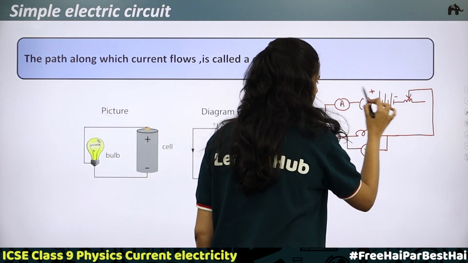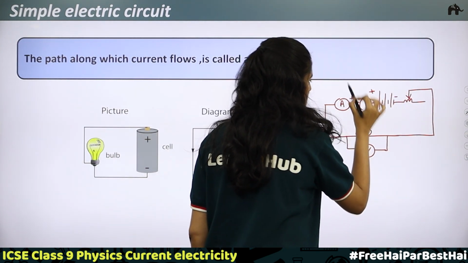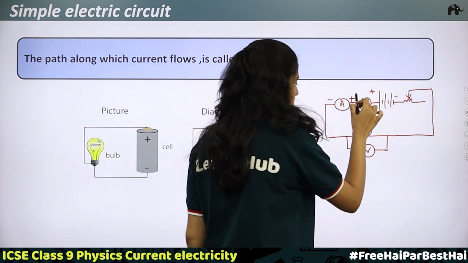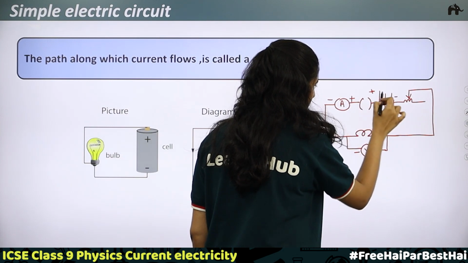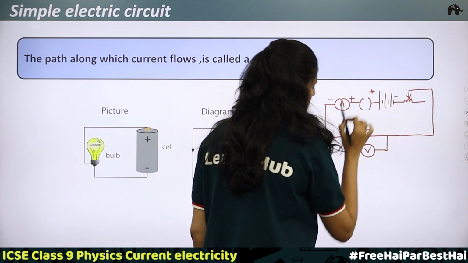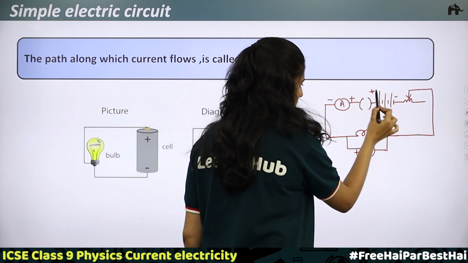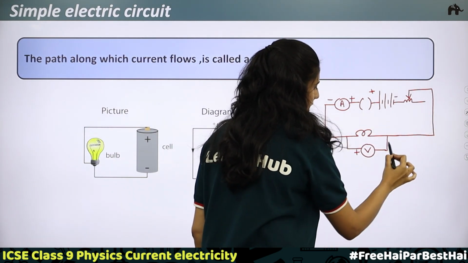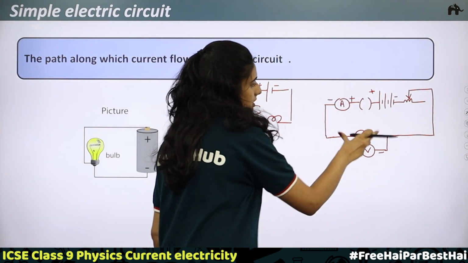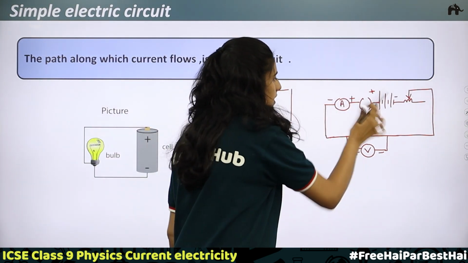The positive terminal of the battery should be connected to the ammeter's positive terminal. So here comes the negative terminal. Also, the positive of the voltmeter should be on the same side as the positive terminal of the battery. Continuously positive should come, continuously negative should come. So this is a circuit which contains other components.